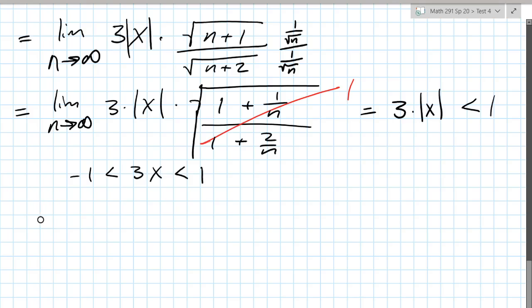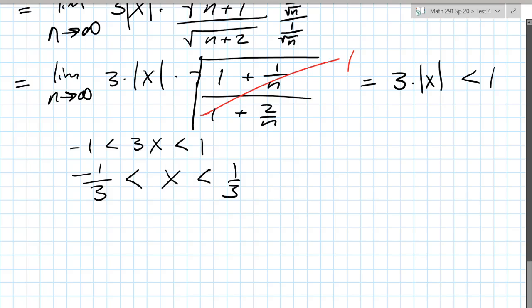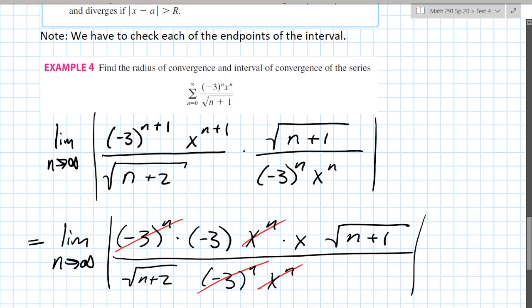Dividing both sides by 3 gives me -1/3 to 1/3. And now, at this point, we still need to check the endpoints. So the first question was, what's the radius of convergence? So the radius of convergence is 1/3.